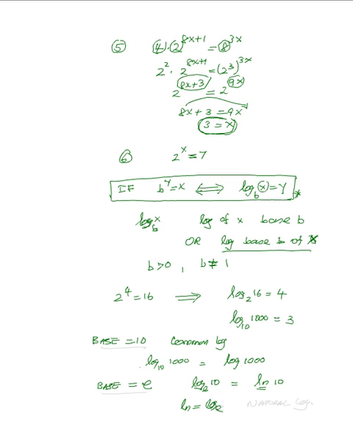Now, if you look at your calculator, you will have both logs, base 10 and log base e. By the way, log base e is called natural log. Basically, it is used in several natural sciences.